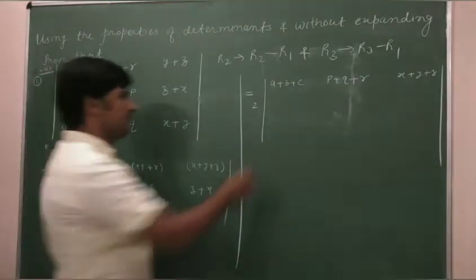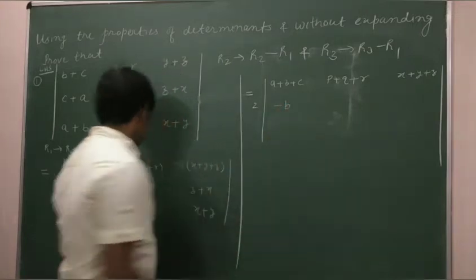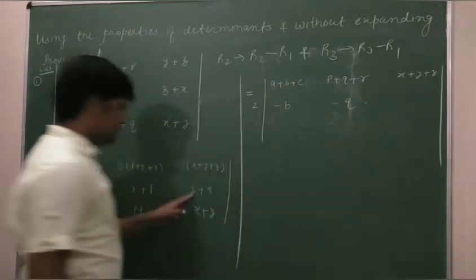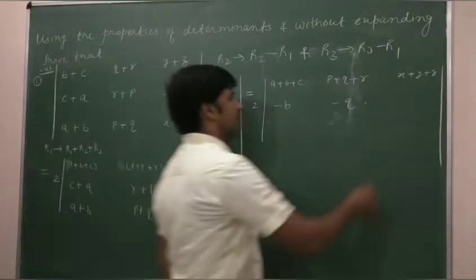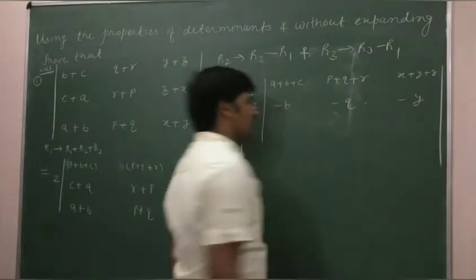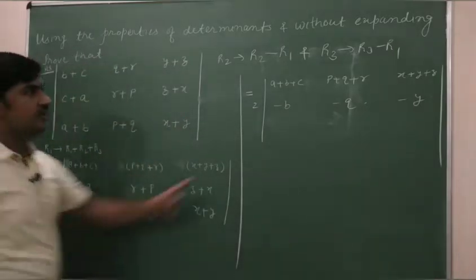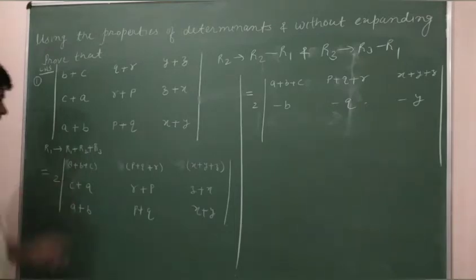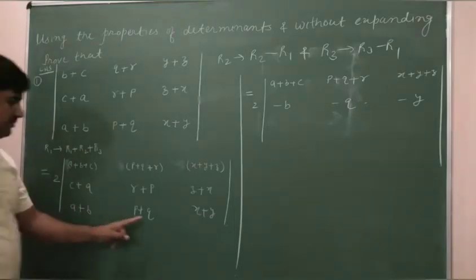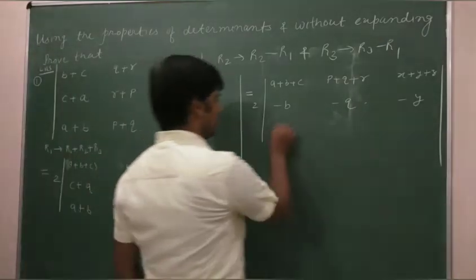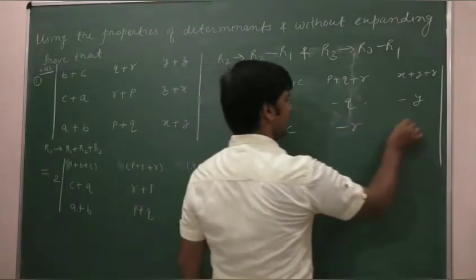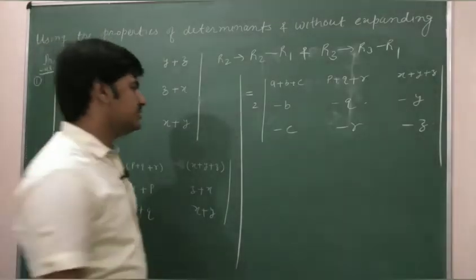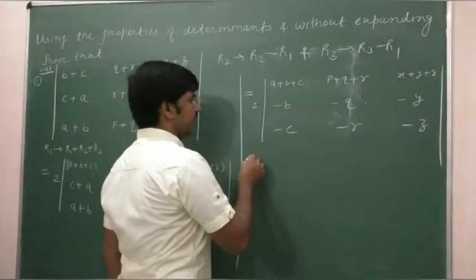So minus b will be remaining, and here minus q will be remaining, as this minus this is equal to minus y remaining. And here then the next property to be used is R3 minus R1. So this minus this one, so minus c, minus r, minus z is what we have got, students.